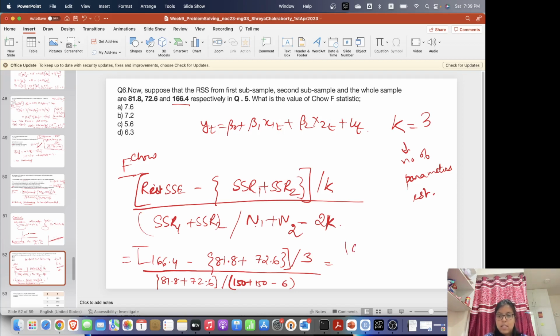So this is 166.4 minus 154.4 by 3 divided by 154.4 divided by 294.